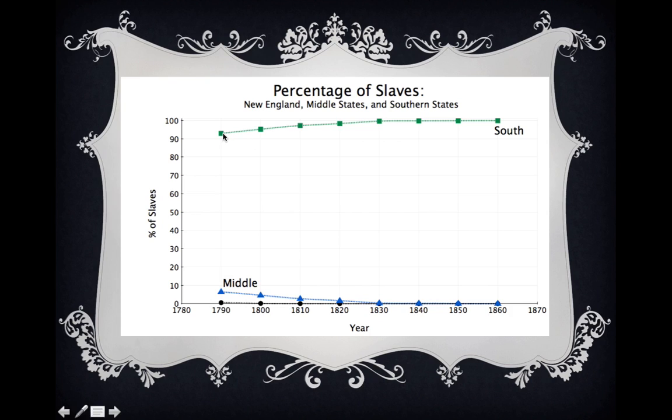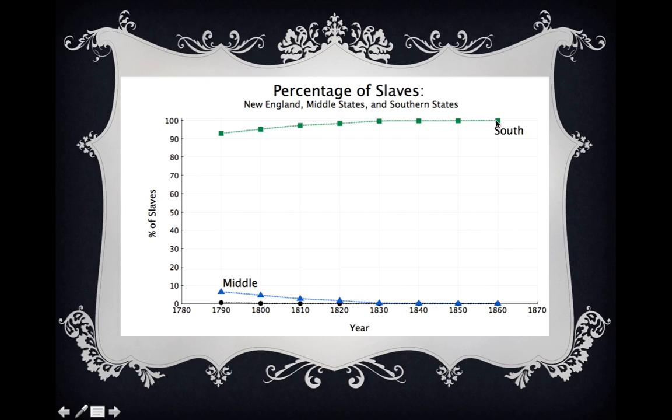I think it's like 92 to 94%. You can see in the middle, roughly about 5%, somewhere along those lines. And from 1790 on, that percentage declines in the middle colonies till basically it's roughly zero for New England and for the middle colonies. So you can see that going up until 1860.